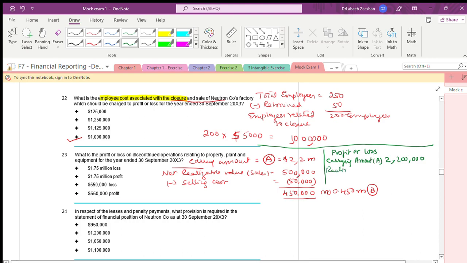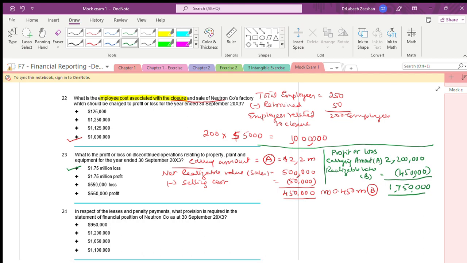Realizable value B is 450,000. How much you will get? One million 750,000. Are you clear about this? Yes.